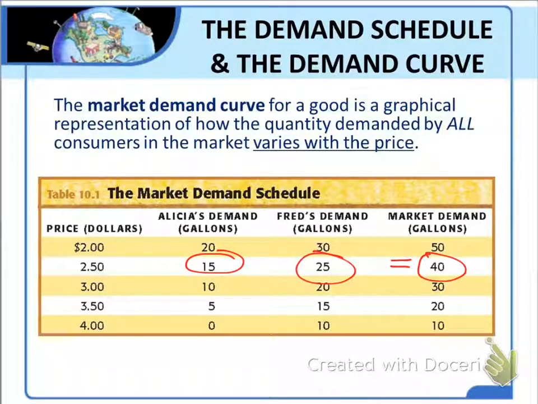So the quantity demanded in the market is stated in the final column, and we would continue in this fashion, combining all the quantities demanded at each price to complete the table. The graph in this figure shows the market demand curve drawn from that information.